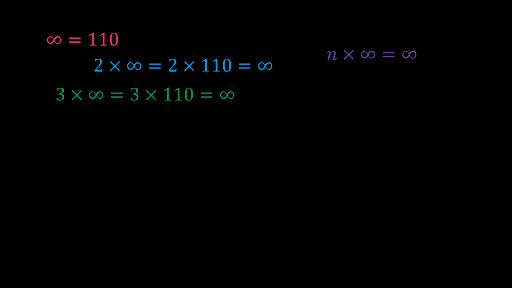As much as that idea is true, that doesn't mean that 2 times 110 is equal to 3 times 110. Otherwise, it would imply that 2 is equal to 3, and therefore equal to all natural numbers. In general, even though n times infinity is equal to infinity, m times infinity is not equal to n times infinity. The two are only equal if n is equal to m.